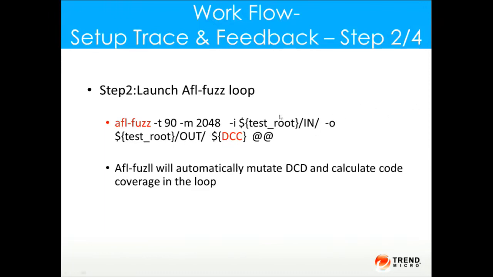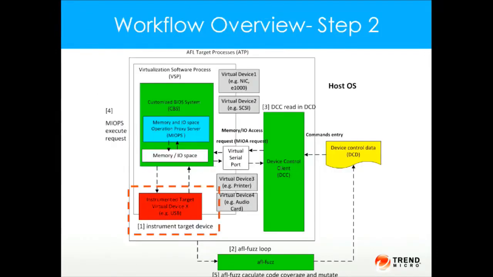And I means input folder, which contains the DCD data, and O means the output folder, which contains the generated crash file. So AFL fuzz will automatically mutate the DCD data and calculate the code coverage in the whole loop. So this is step 2 in the whole picture.